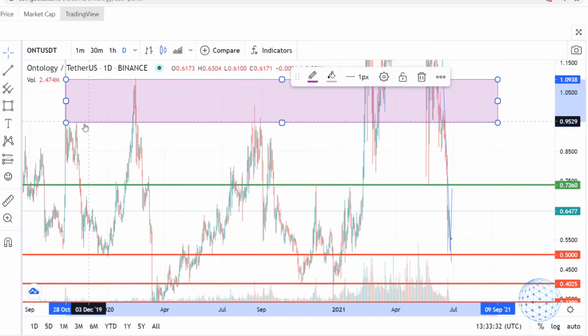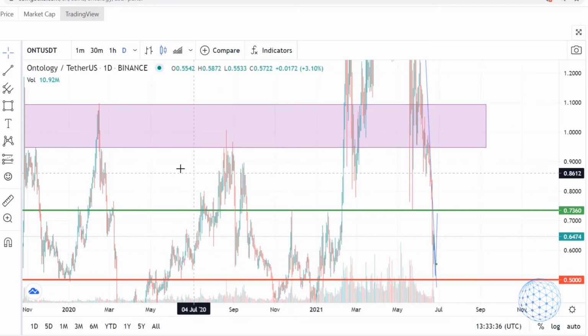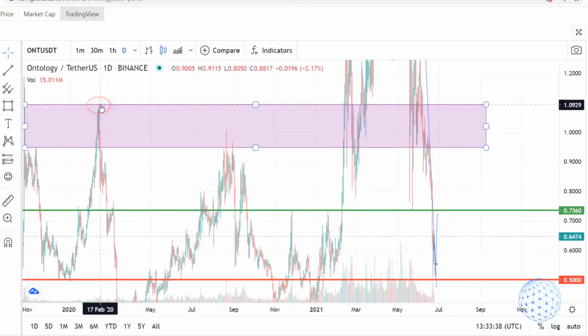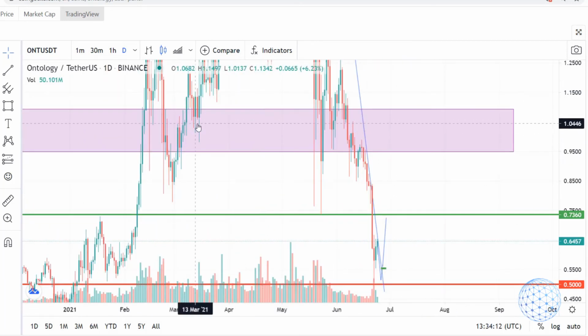Okay, here it is. You can see that one time the price stopped in there. Then it stopped at the $1.10. Then the price stopped again in August 2020 right in this zone. Then it went impulsively higher in February, and then again a few times the price stopped at this zone, okay?